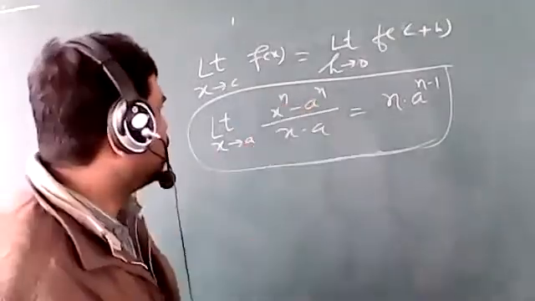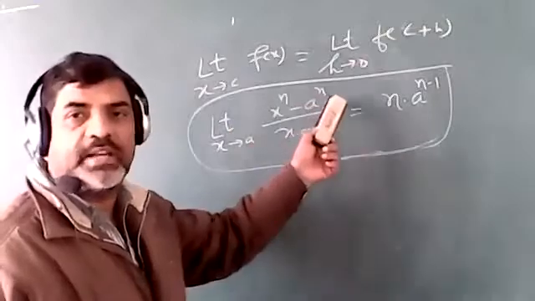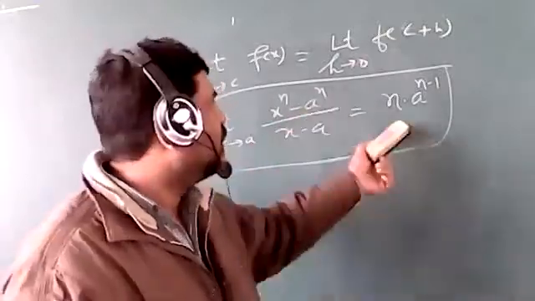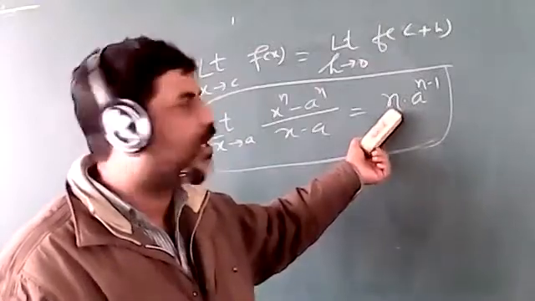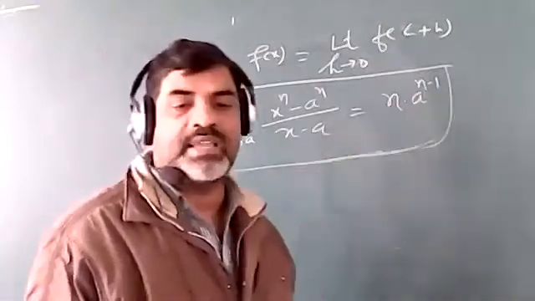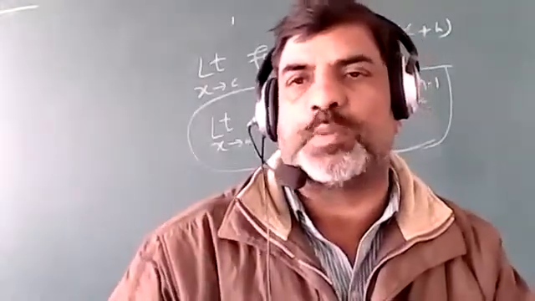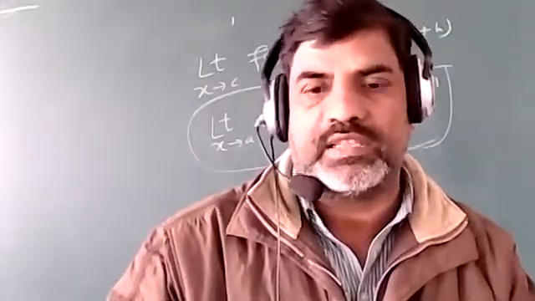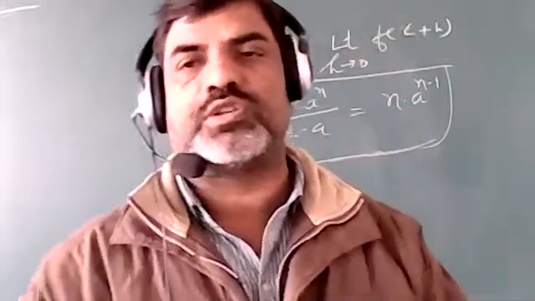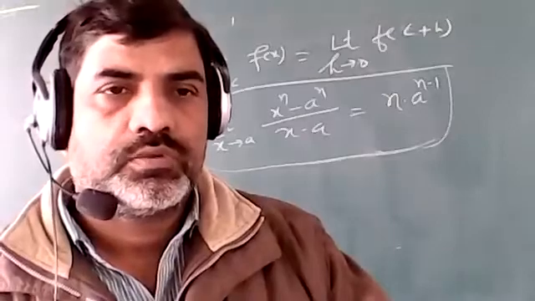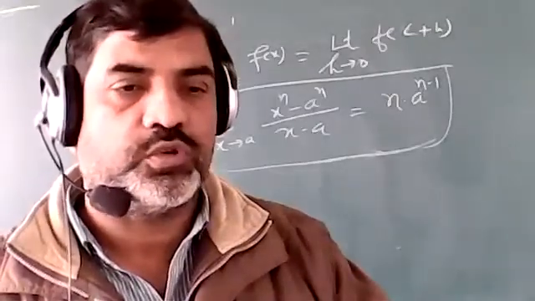Suppose there is given x to the power 6 minus a to the power 6, in place of a there is given 3 to the power 6. So n, 6, will come first, and 3 to the power n minus 1, that is 3 to the power 5. Likewise, this theorem will be most widely used. So I hope up to here it is clear to you.